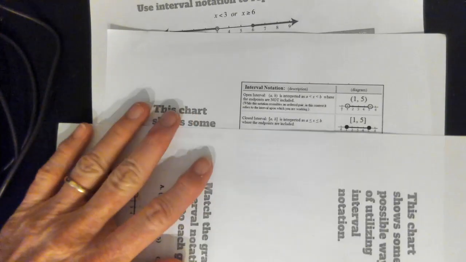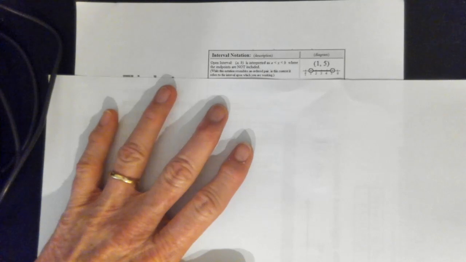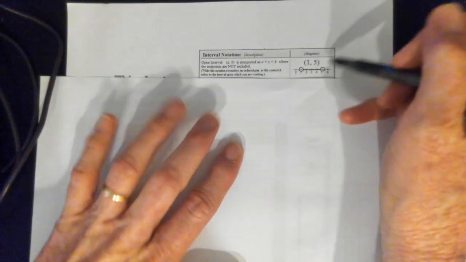With Peardeck, we took each one and put them each on a slide. We don't need you to know right now exactly whether it means open or closed. What we want you to be able to do is look at your graph and write the answer in interval notation.